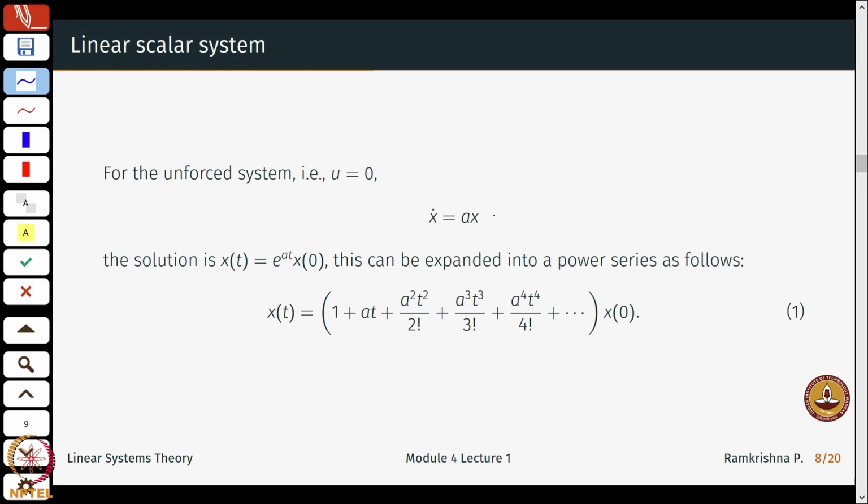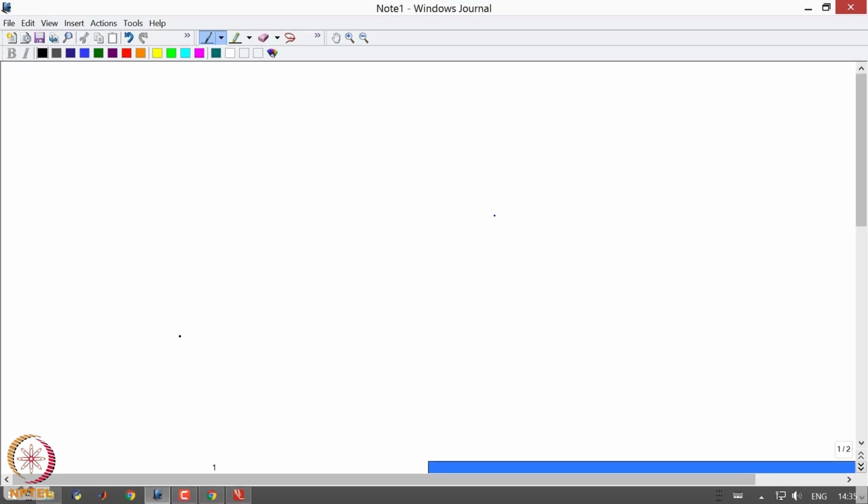So, essentially let us start with a scalar case x dot equal to a times x, where x is in R and a is also in R.